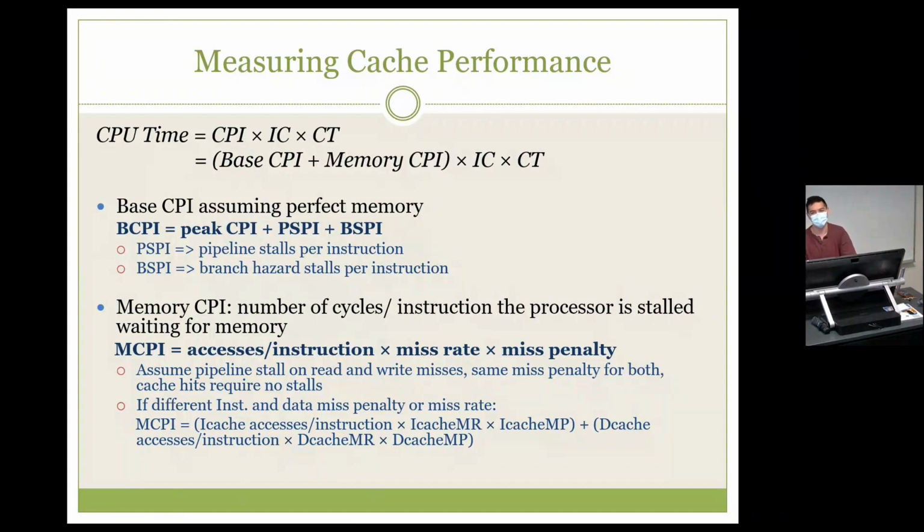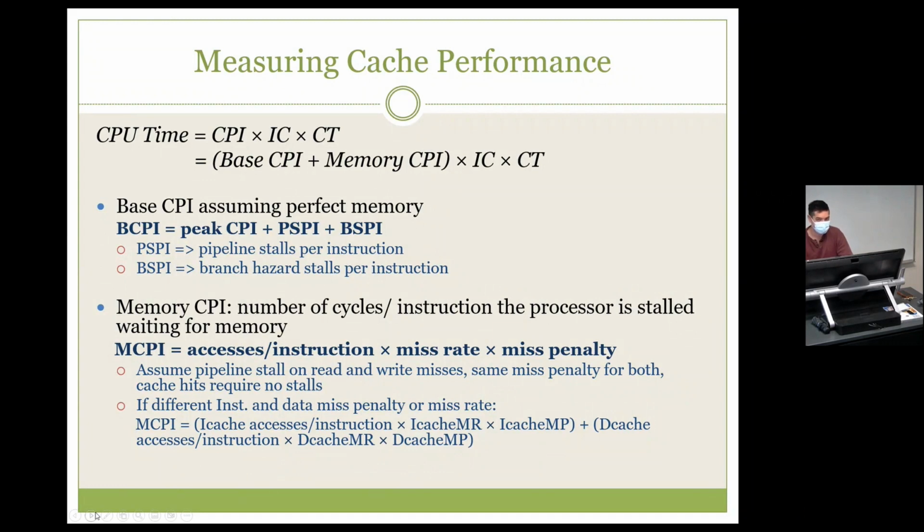We spent 2 lectures on this. So it was originally 3 cycles because we didn't resolve until the end of execute, so the beginning of memory. But then we moved all of our hardware to the decode stage and reduced our penalty to 1 cycle, right? Because we moved it up 2 cycles. So it was 3 before, moved up 2. Now we have 1 cycle penalty.